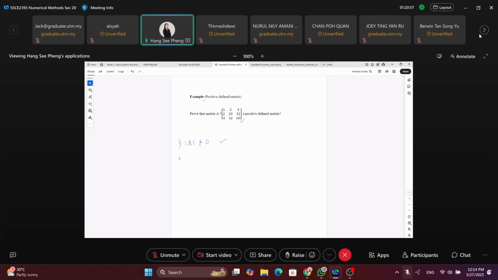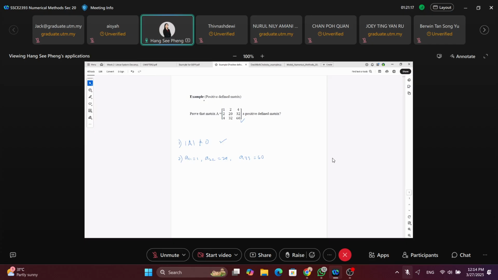Second one, all the diagonal entries must be greater than 0. Very obvious, A11 equals 1, A22 equals 20, and A33 equals 60. Before this, do we need to prove that it is symmetric? No, no need.